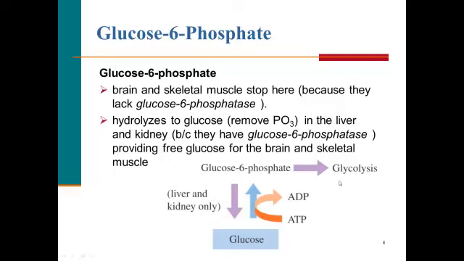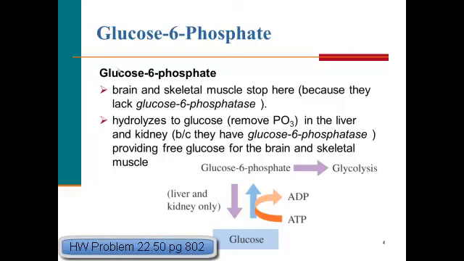However, your liver contains an enzyme that will allow the conversion of your glucose 6-phosphate molecules all the way back to glucose. So it removes a phosphate. Now the enzyme that does that is called glucose 6-phosphatase. So phosphatases remove phosphate groups, and in this particular case, the cells of the liver will remove a phosphate from glucose 6-phosphate to get us back to glucose.